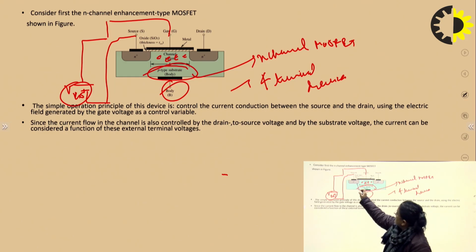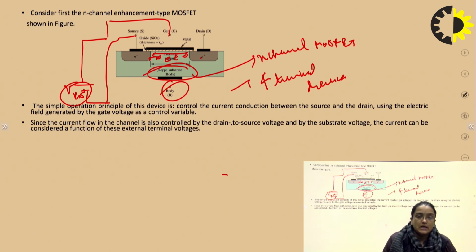The electrons here are attracted due to this biasing, which results in the accumulation of electrons particularly in this region, creating the N channel.